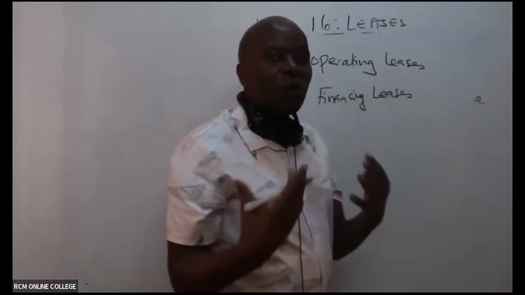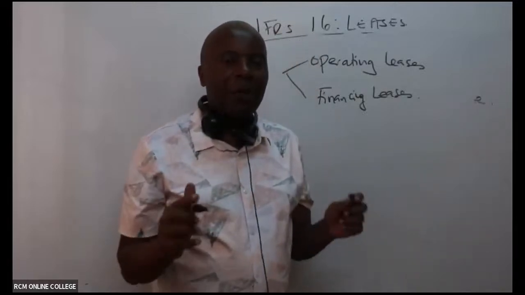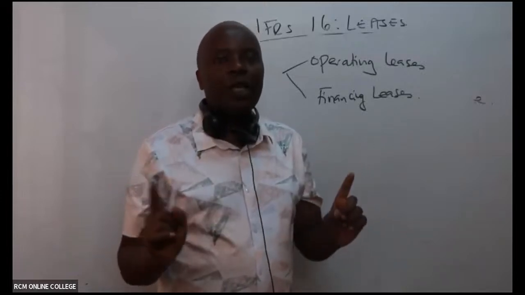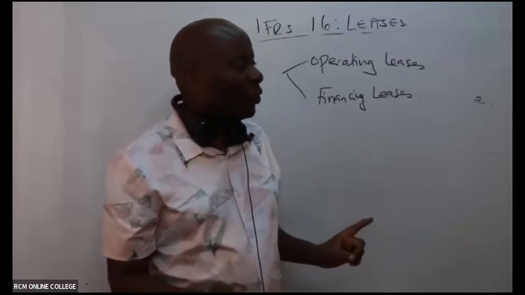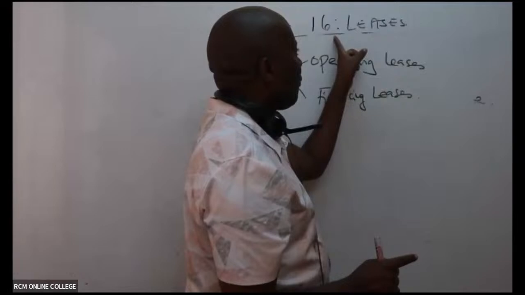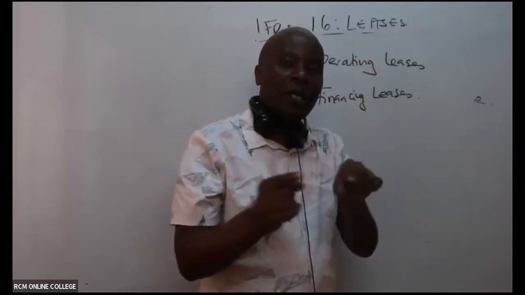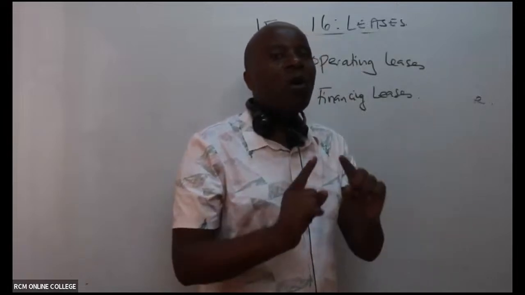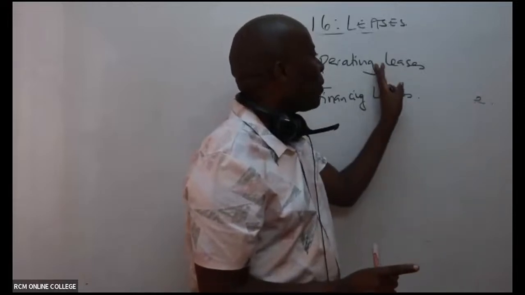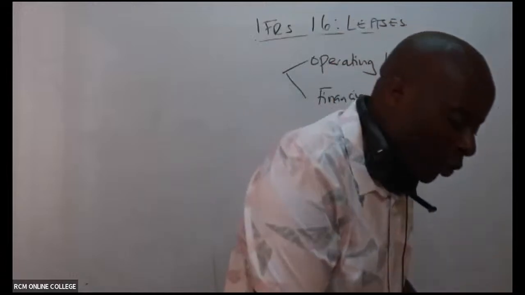Operating leases were those they were calling short-term, and because they were short-term, they were not being included in the balance sheet. They were being expensed in the income statement. The others were long-term. The current IFRS 16 looks at what we call a single lease model, where all leases must appear in the balance sheet. The concept of operating leases being off balance sheet no longer works.